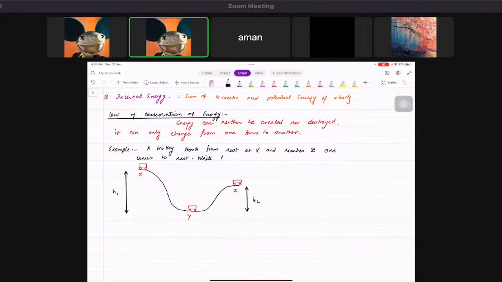Right? The energy changes in this process.